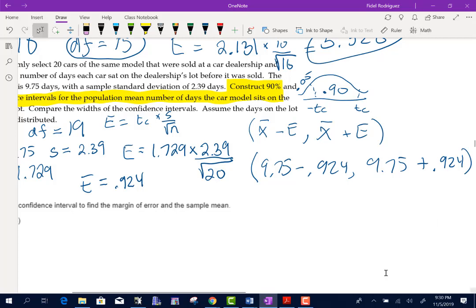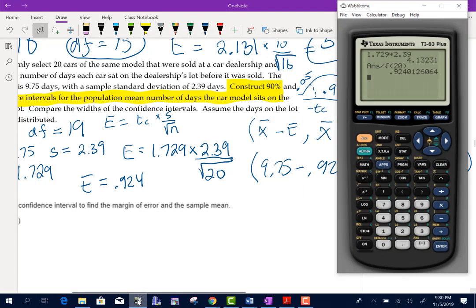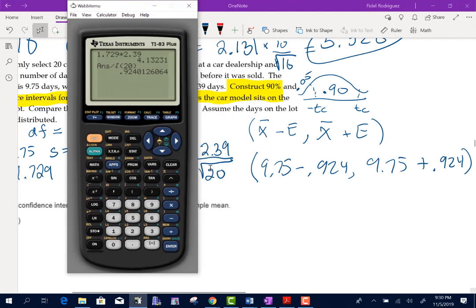So let's do this right here. 9.75 minus, what did you say, 0.924? We came up with 8.826, is that right? Did I do something wrong? We're good, Joe?